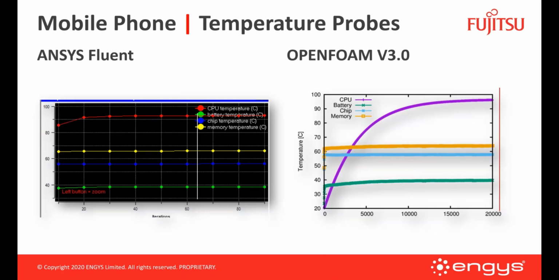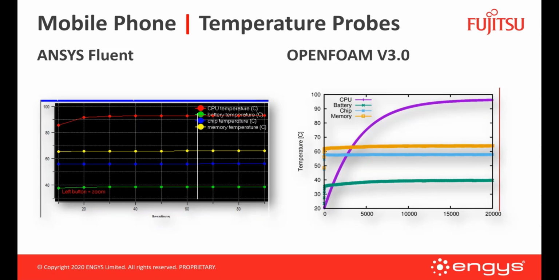Here, we're going to start with a little bit newer version of OpenFOAM, OpenFOAM version 3, and we can see with Fluent, it's converging around 65 iterations, and we see that OpenFOAM version 3 for this case is converging at more than 20,000 iterations.